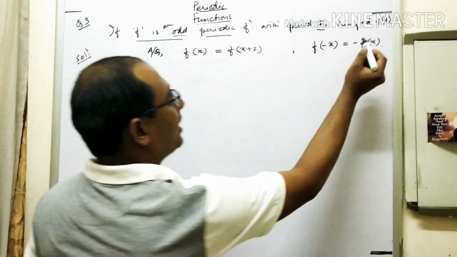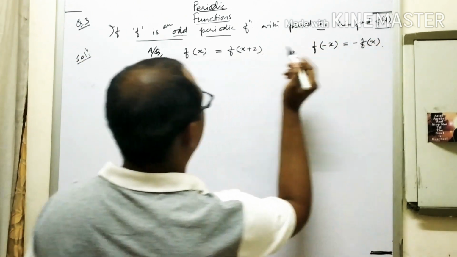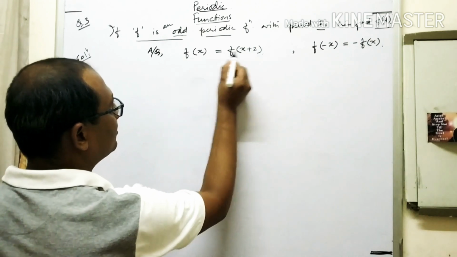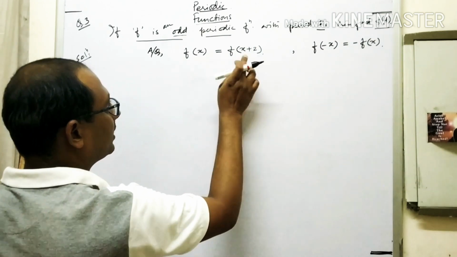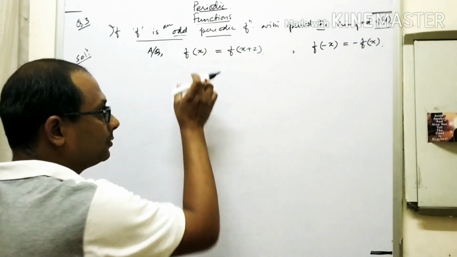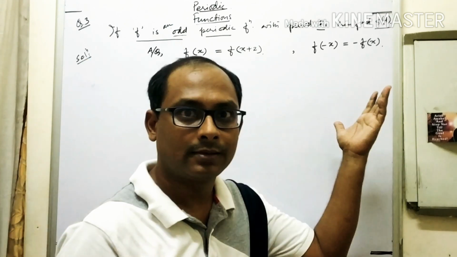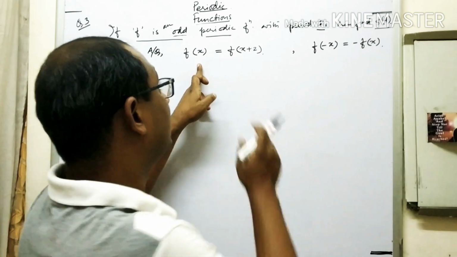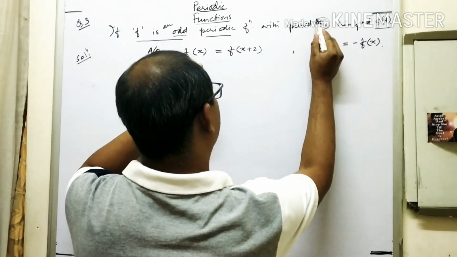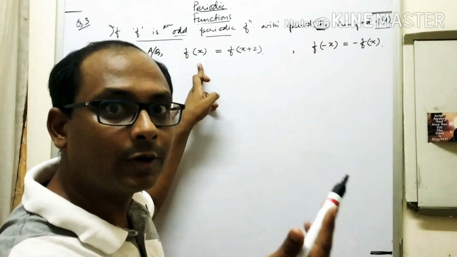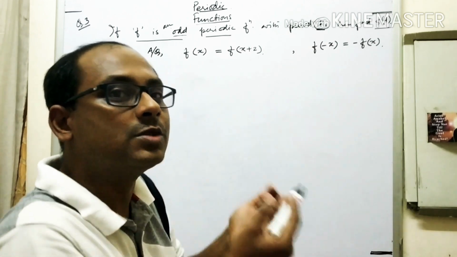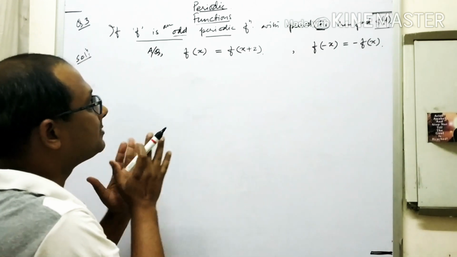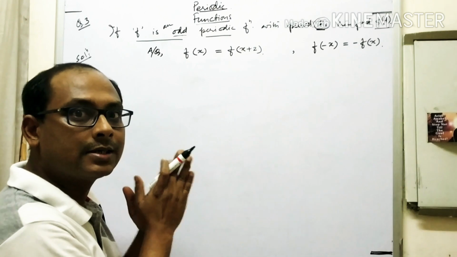If I need f of 4, I have to put x equal to 2 here, so that I get f of 4 equal to f of 2. But f of 2 is not given, so f of 4 will come in terms of f of 2. Now the period is also 2, so f of 2 will be equal to f of 0. So if I can get f of 0, this question is solvable.